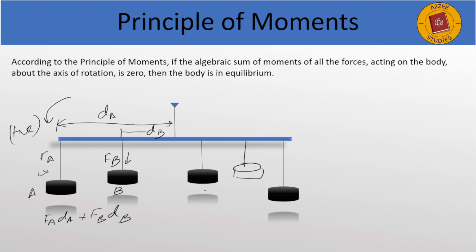Likewise, if we call this C, this D, this E, with distances dC, dD, and dE, we will have FC dC plus FD dD plus FE dE.